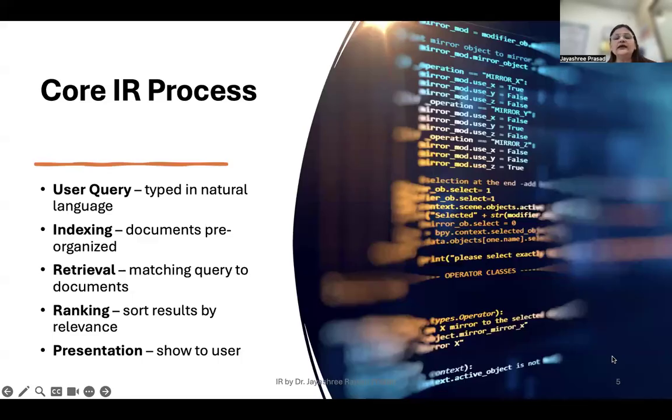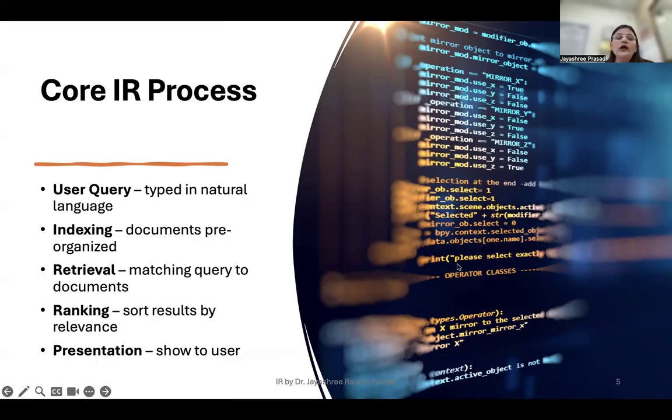So, indexing is the heart of information retrieval. Instead of searching the entire web every time, information retrieval systems pre-build an index. Imagine a dictionary where each word points to the pages where it appears. That's what an inverted index does, but on web scale. Billions of documents are all connected to the words inside them.